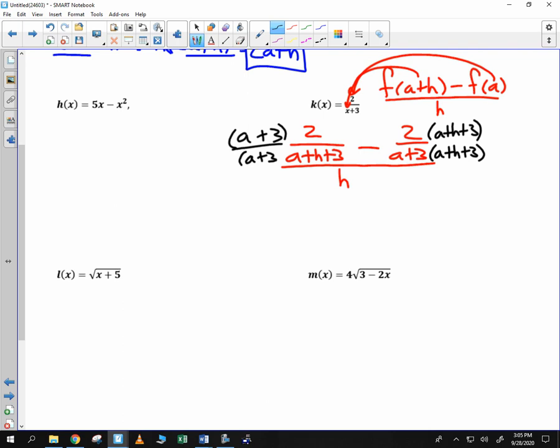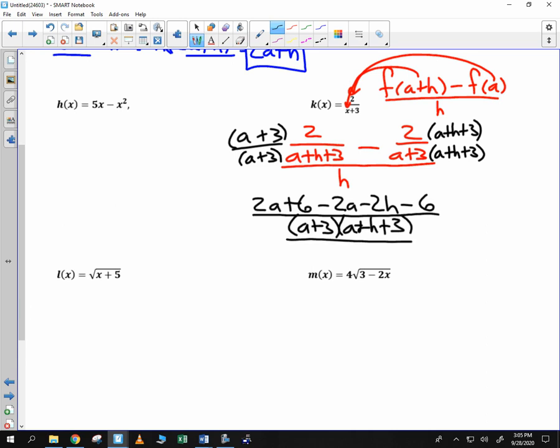In the top, I get 2a plus 6, then a negative 2a, a negative 2h, and a negative 6, over a plus 3 times a plus h plus 3, over h over 1.